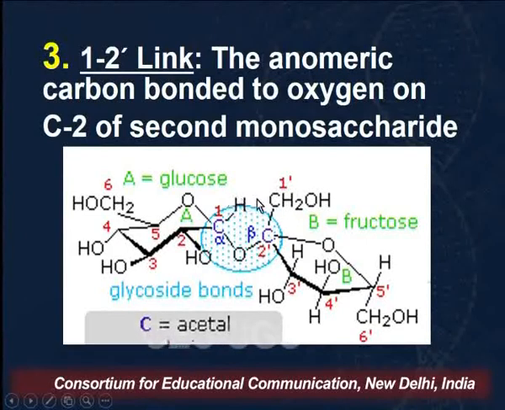So in the case of sucrose, the linkage here is between the C1, the anomeric carbon of the glucose, and C2, the anomeric carbon of the fructose, resulting in the formation of a 1,2 linkage. This linkage then results in the formation of an acetal bond, which is also known as a glycosidic bond.